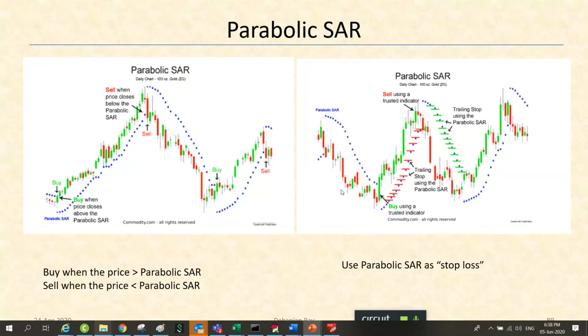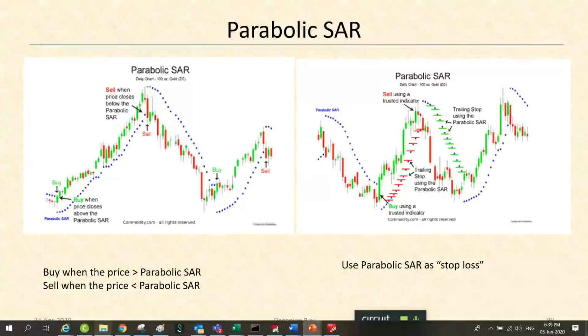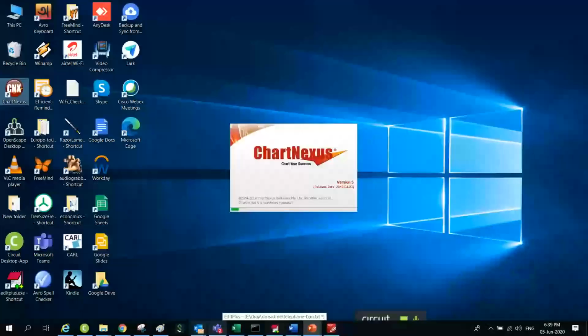And then one interesting thing I did not teach you, that this parabolic SAR also can be used as a stop loss signal. Okay. What is that? Let me explain in this class a little bit. Before that, I will start it.